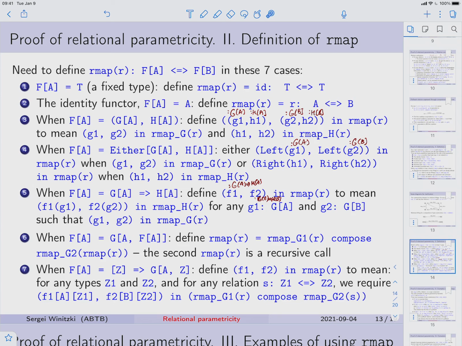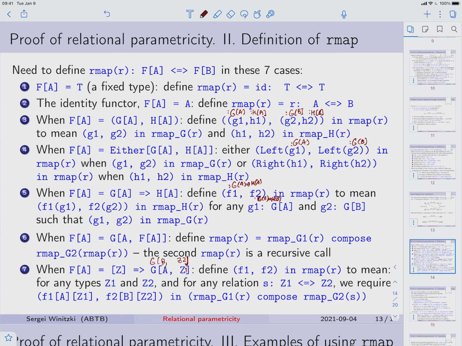So then F1, F2 is in the lifted relation when, for any other relation S, the results of applying these functions to their type parameters are in the relation, which is here the relation R lifted to get A to B, and here the relation S is used to lift Z1 to Z2.